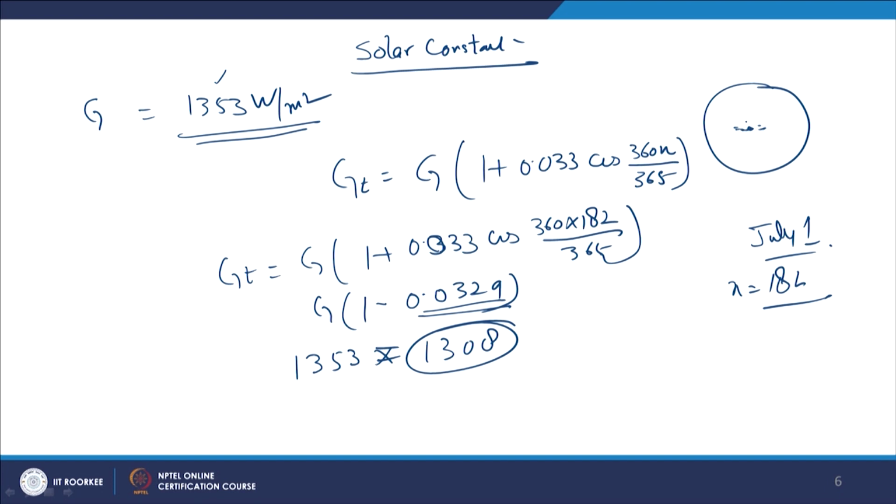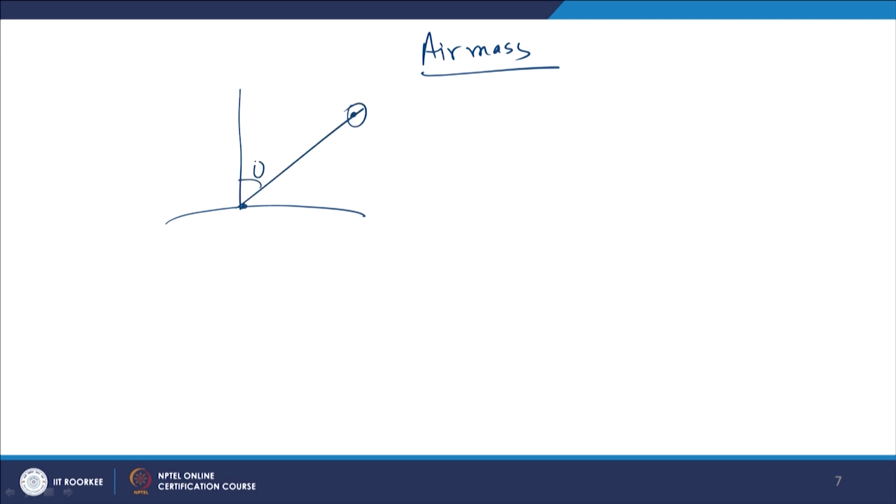Another term which commonly comes into the picture while we do work on solar energy is air mass. Suppose you are standing here on the earth, this is the zenith, and the sun is here at an angle theta. So, this distance versus this distance, the ratio is air mass.